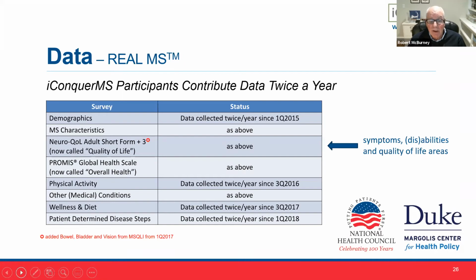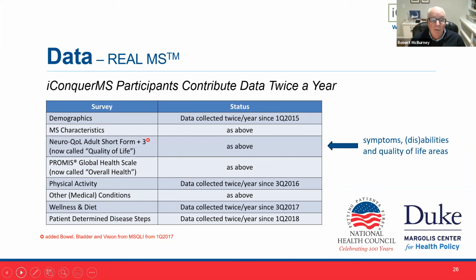We started collecting physical activity, whether you're exercising, etc., in 2016, towards the end of 2016. And we also started collecting comorbid conditions. And then most recently, a great deal of interest in the impact of wellness and diet on the course of multiple sclerosis. So we're collecting data, and that data collection is very responsive to the needs of the community.